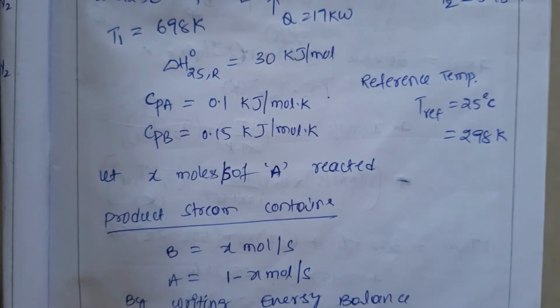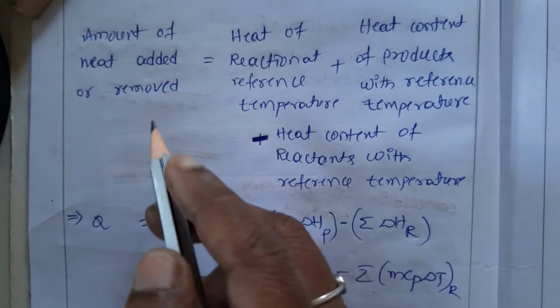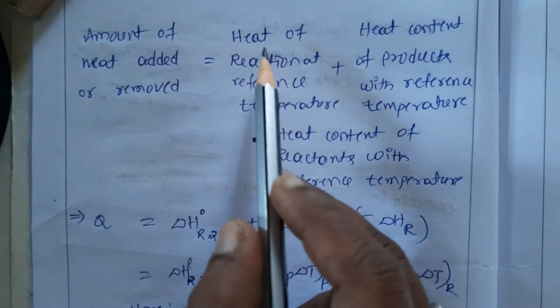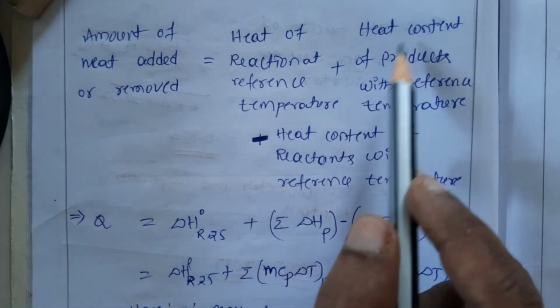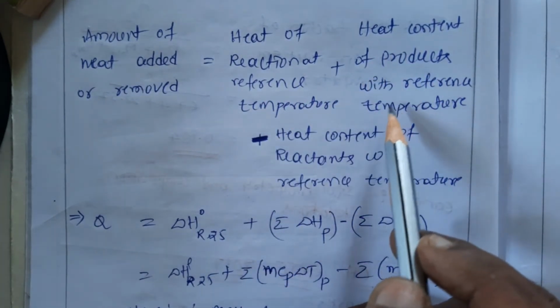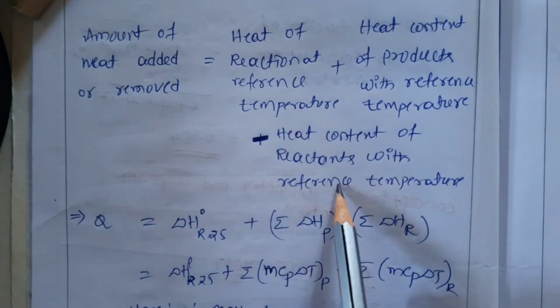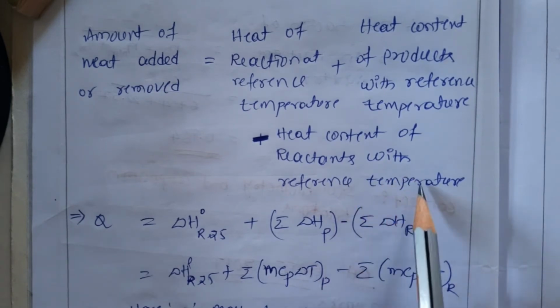By writing the energy balance, the equation is: the amount of heat added or removed from the system equals the heat of reaction at the reference temperature, plus the heat content of the products with reference to the reference temperature, minus the heat content of the reactants with reference to the reference temperature.